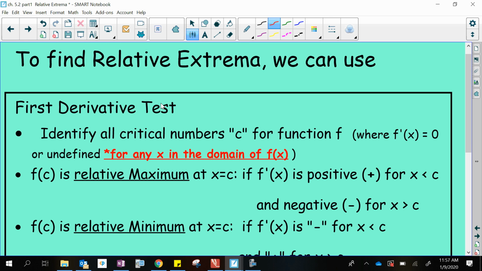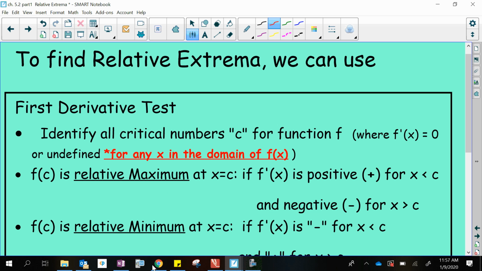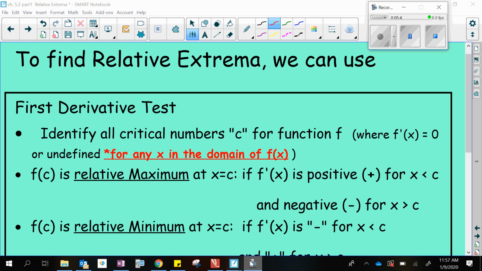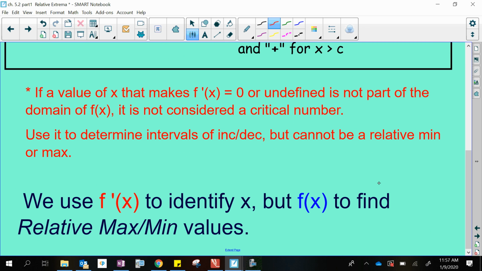Okay, so our first derivative test, I just want to make sure we're still going there. Because now we're going to say, okay, it's a min. So when we have a function like this, like we're going like this, we identify that there's a min right here.